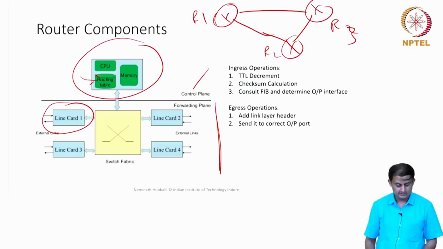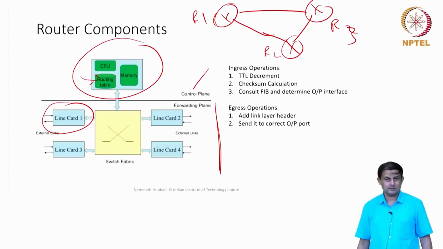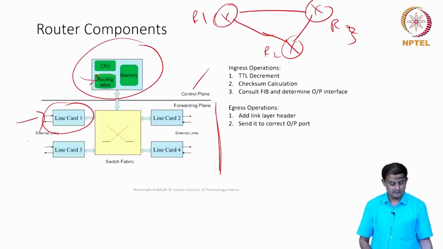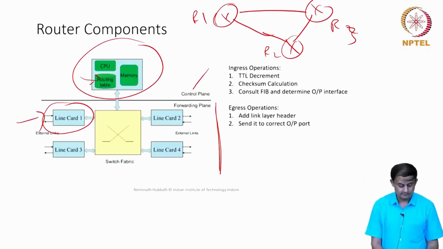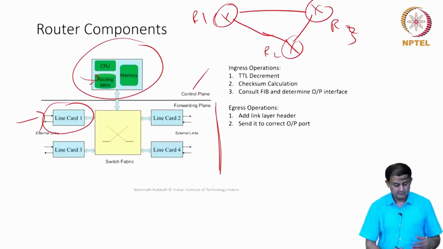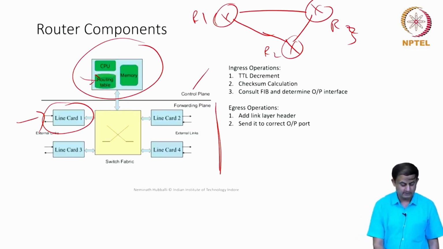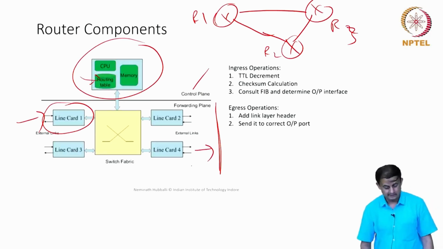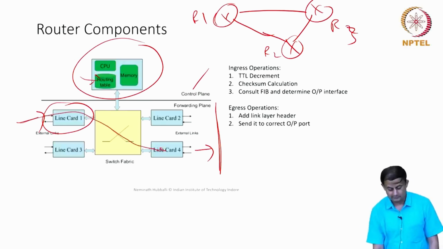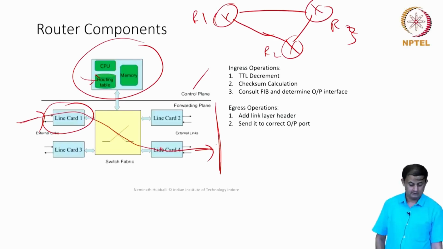The second component that you have is something called the switch fabric, which tells you, if I receive a packet on this line card, and taking reference to the routing table that is loaded into this forwarding plane, I decide I need to go to this exit line and forward this packet. The packet comes here, goes to this interface, and then exits the router.